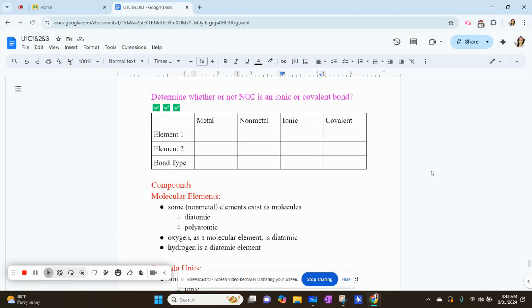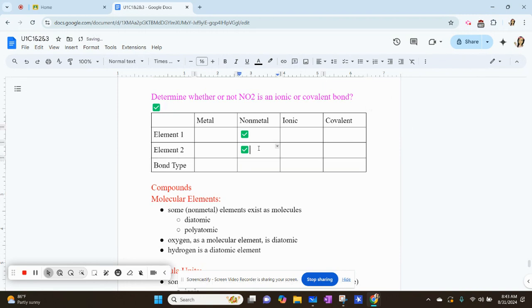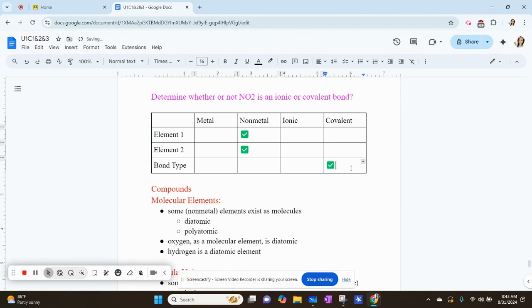Let's determine whether or not NO2 is an ionic or covalent bond. N, nitrogen, is a nonmetal. Oxygen, O, is a nonmetal. And when we have a nonmetal and a nonmetal, we get a covalent bond, like so.